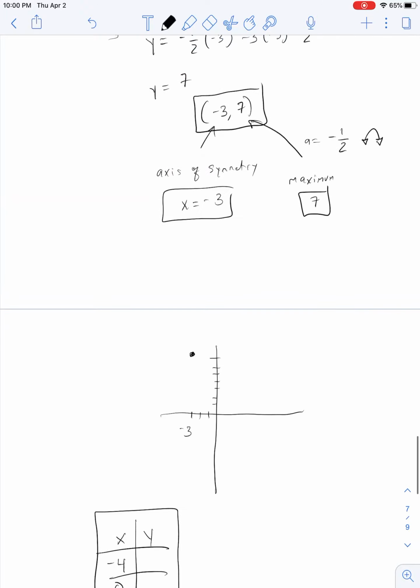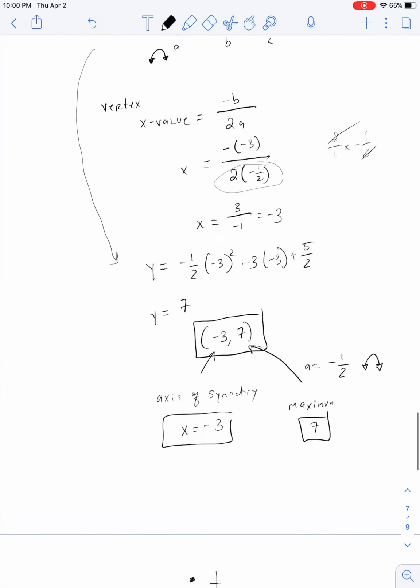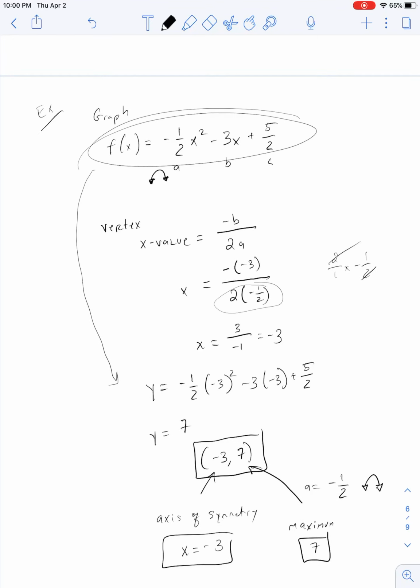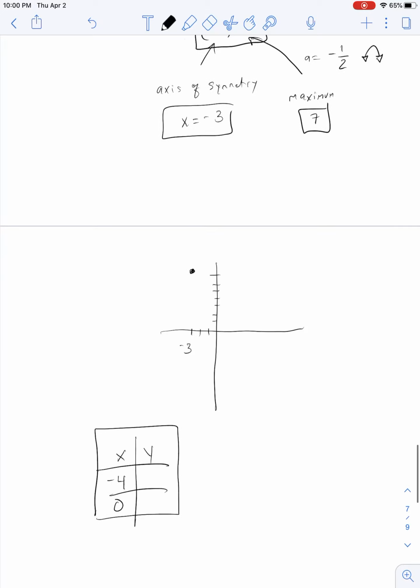And we go back to our equation. Let's not forget our equation, this one, right? So we're just going to rewrite that equation so we don't forget about it.